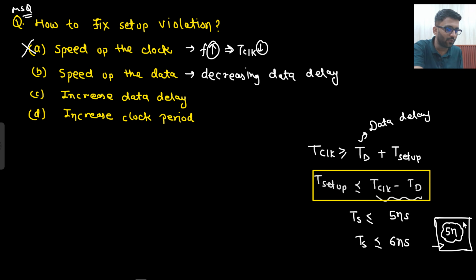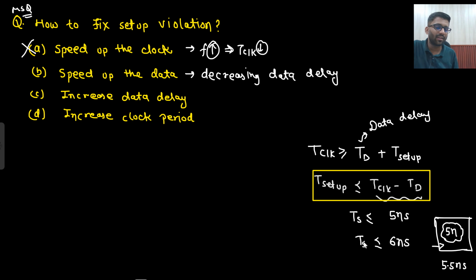So initially you designed a flow with 5 nanosecond of setup time. Now they are saying that your setup time should be less than 6 nanosecond. So are you happy? Initially you designed it with 5 nanosecond. Now even if your setup time is 5.5 nanosecond, still this guy is happy, because he is saying that your setup time should be less than 6 nanosecond now. So if you speed up the data, or decrease the data delay, then this value is getting increased.